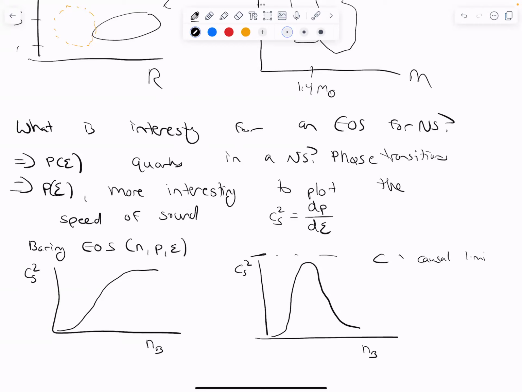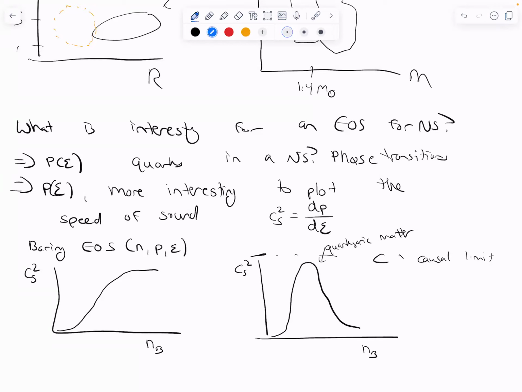The speed of sound starts approaching the speed of light. And there's a specific type of equation of state called quarkyonic matter that transitions from neutrons and protons into quarks, and it has this very dramatic feature there.